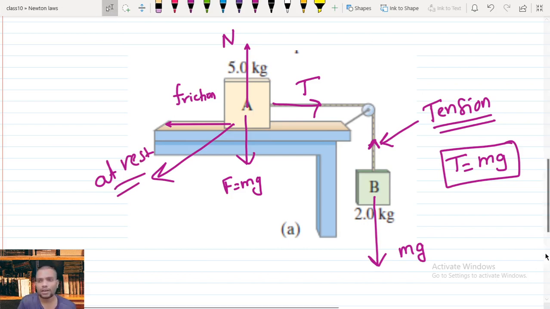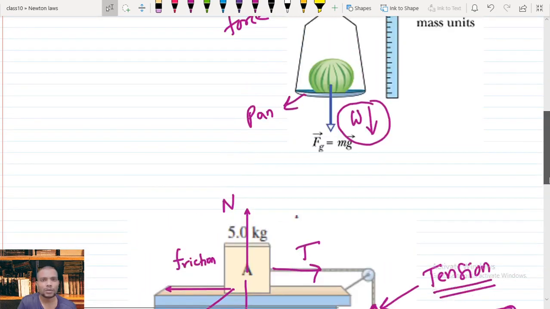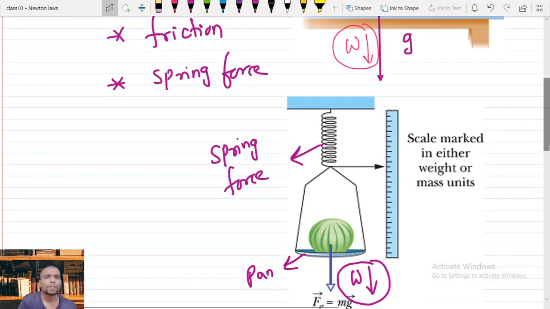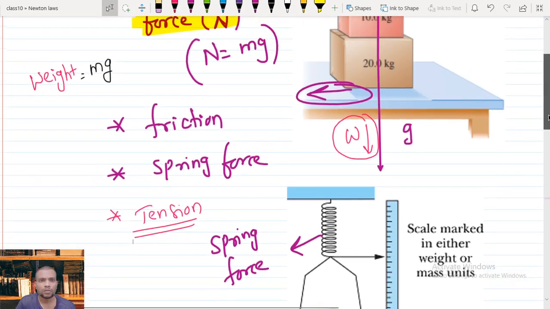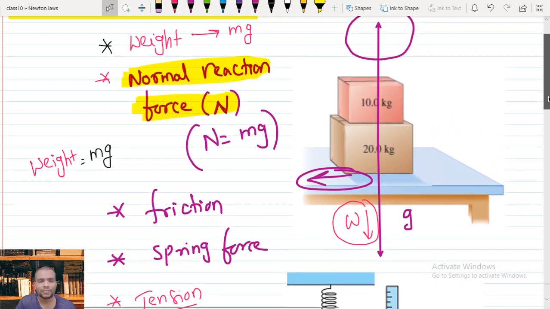So this is another force which I include in our list. Apart from the spring force, we can add tension. These are the forces right now we need to know. First one is weight. Weight is a force. Second one is normal reaction force. The normal reaction always acts on the object to counterbalance the weight.